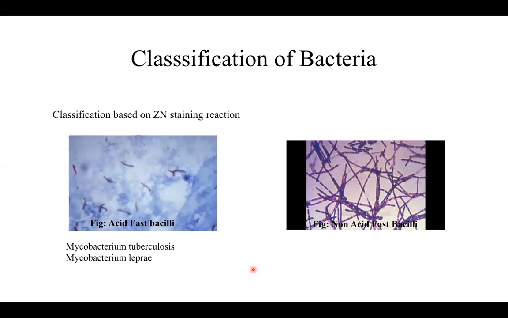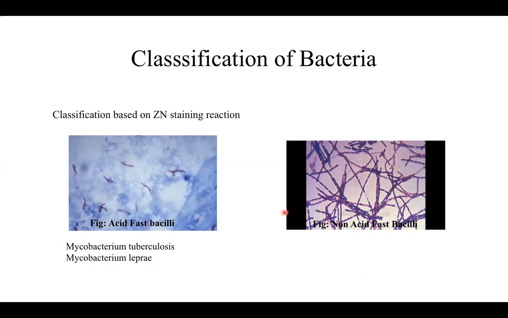Those bacteria which retain the color of the primary stain of Ziehl-Neelsen, that is carbol fuchsin, and appear in pink color, are known as acid-fast bacilli. Examples are Mycobacterium tuberculosis and Mycobacterium leprae.